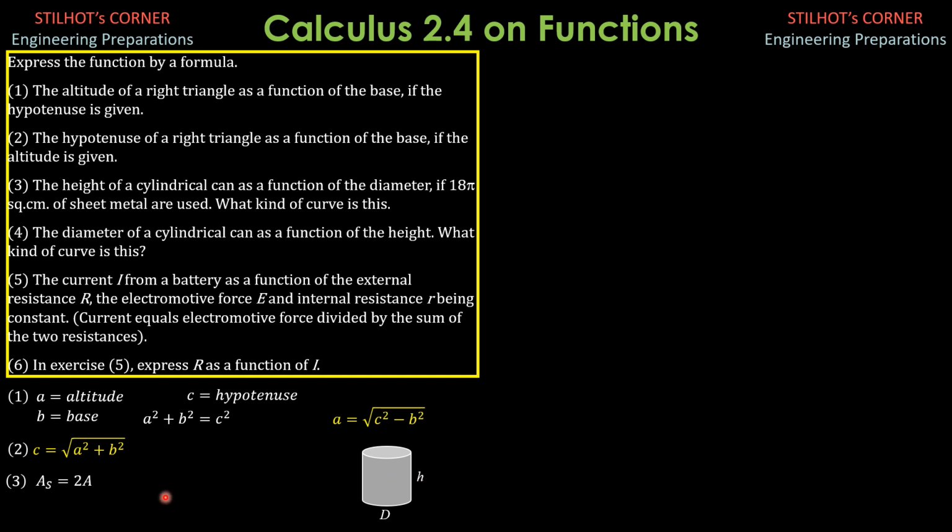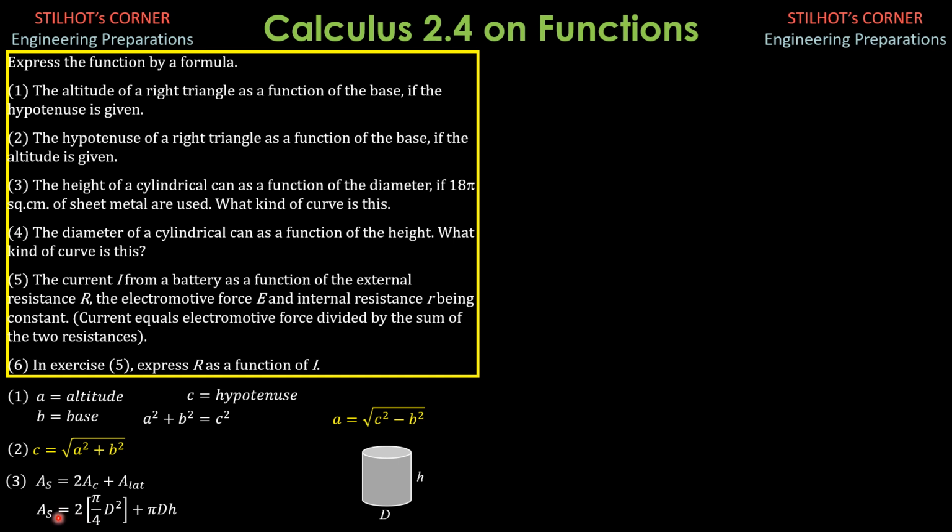So area S is 2 times area of circle plus lateral area. The area of circle is pi over 4 diameter square, while the lateral area is length pi d times height h rectangle. You just imagine this is rectangle. The length is pi d, the circumference of the base, and the height is h.